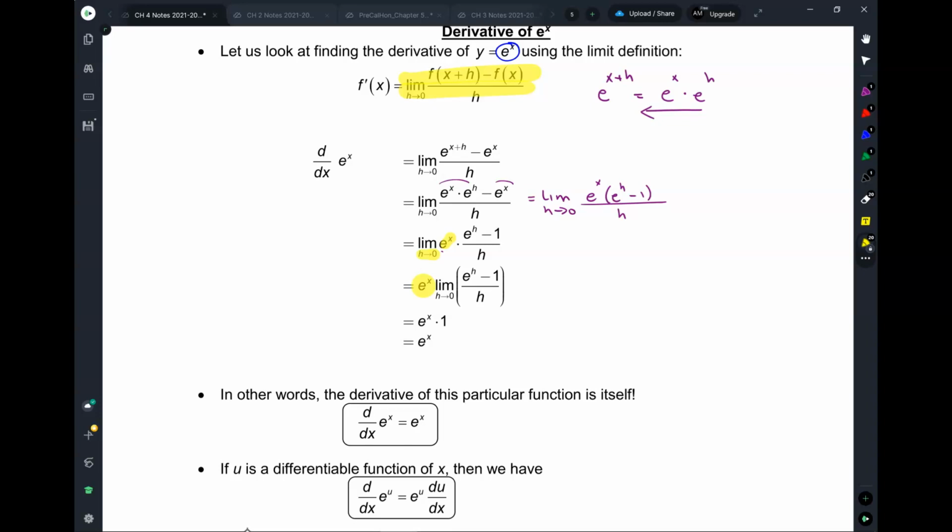That is 1. I know it's trouble believing, but graph it, and it does end up being 1, only because e to the h approaches function values faster than h does, so that reduces to 1. So that means that reduces to e to the x times 1. That also means that the derivative of e to the x is just e to the x.